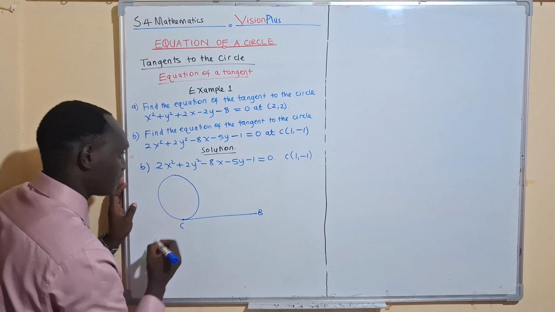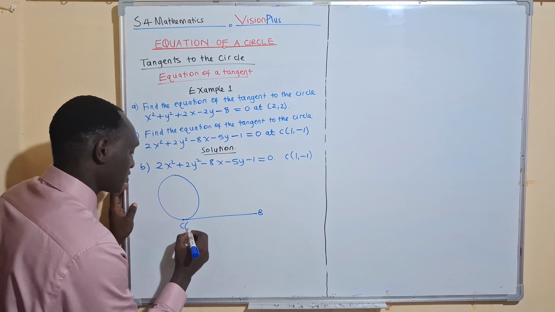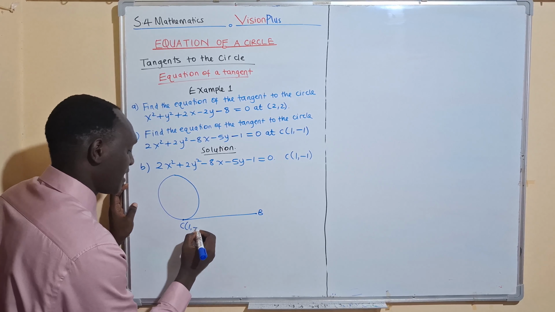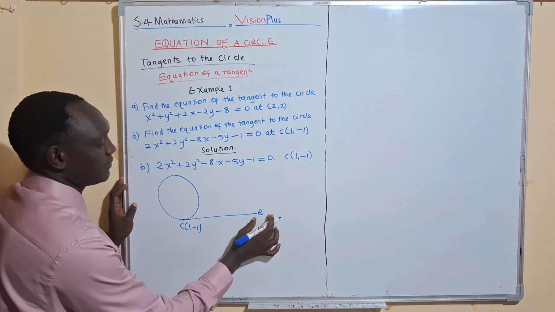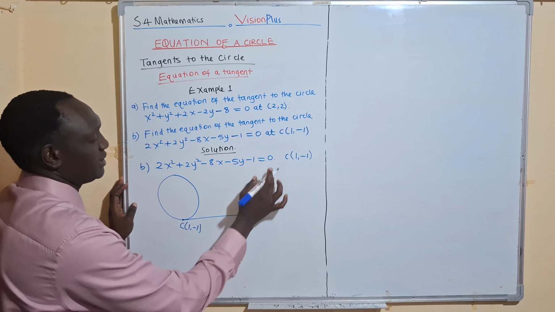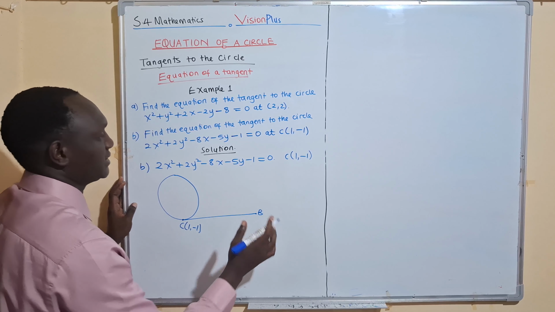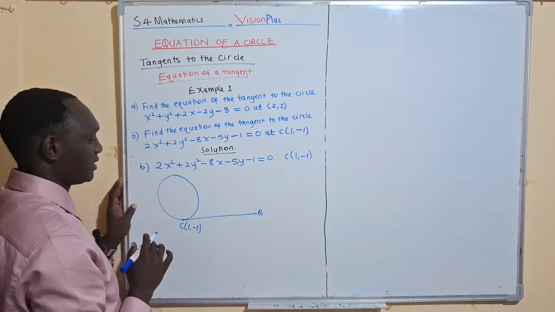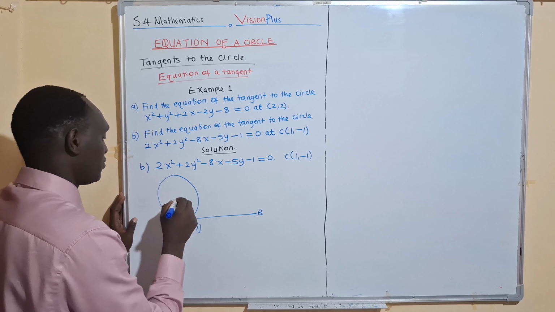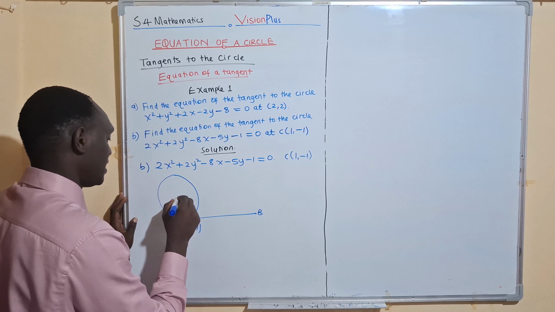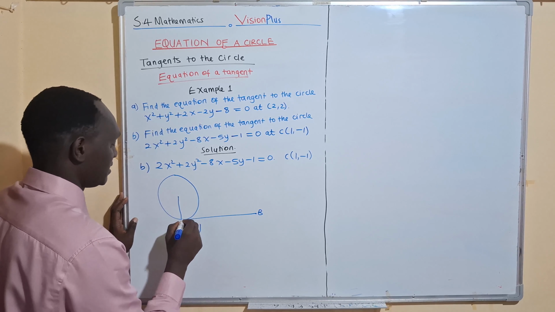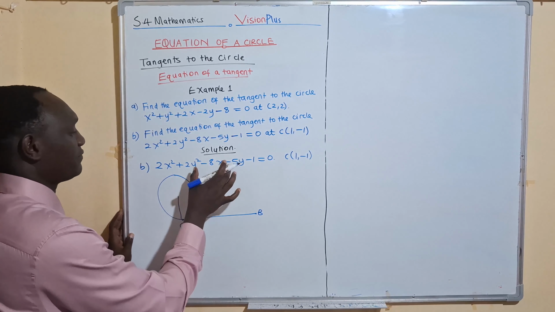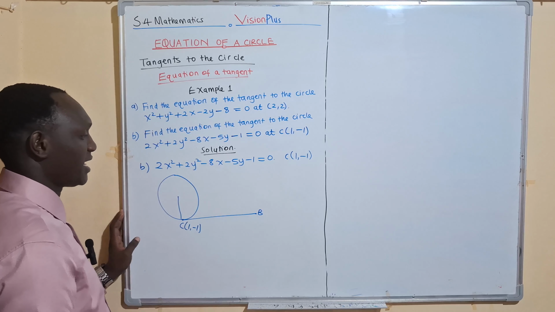So this is the point they have called C. They have given us coordinates (1, -1). I'm the one who created B, no offense, but they have created point C as the point of tangency. Okay, and then we know that we have the center and the radius, which is the distance, but we shall not find the center and we shall not find the radius.